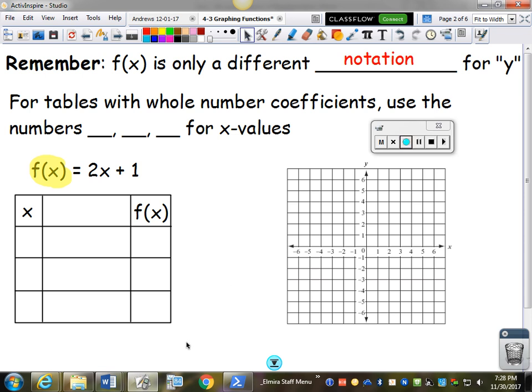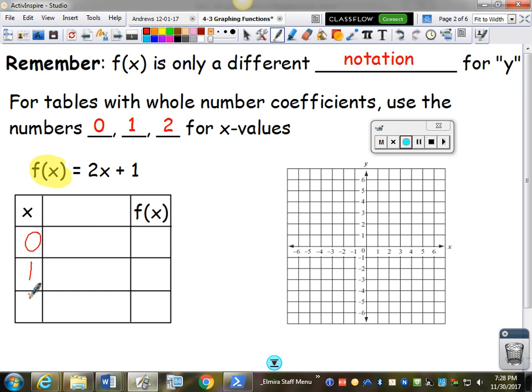It's the notation that's different. So for tables with whole number coefficients, just like we did before, we're using 0, 1, and 2 for x values.